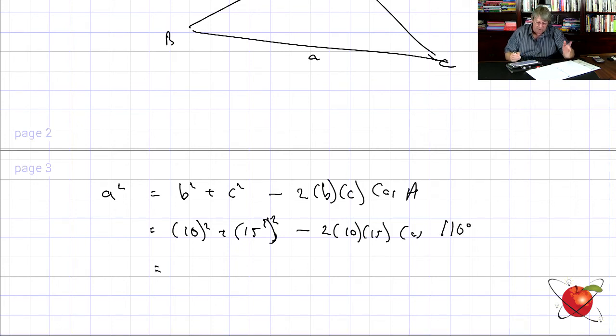And basically we work all that out and we get a equals 20.68 centimeters.